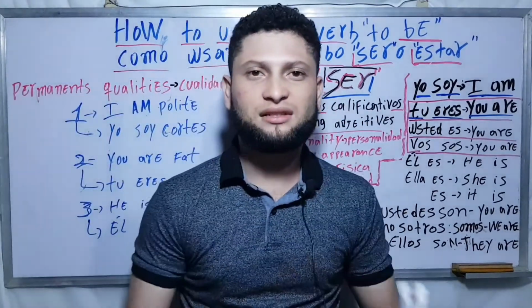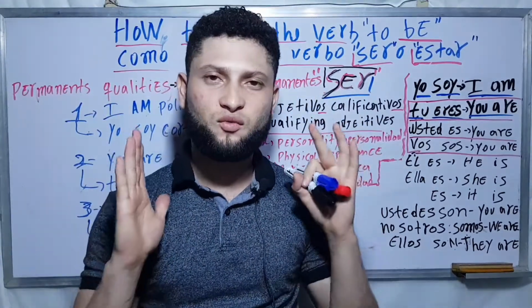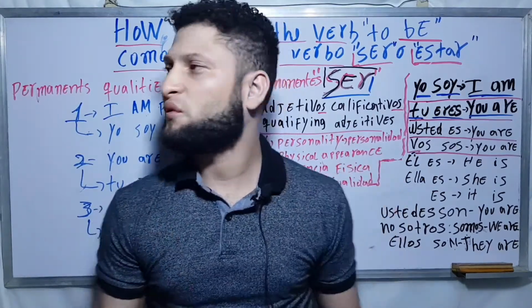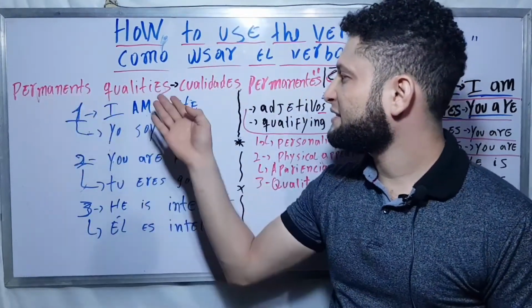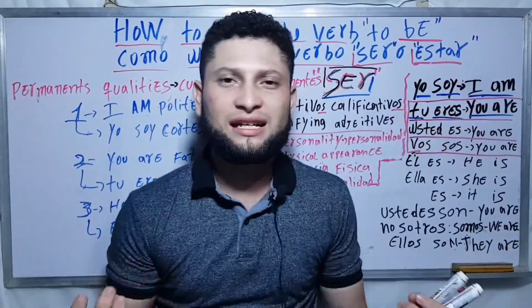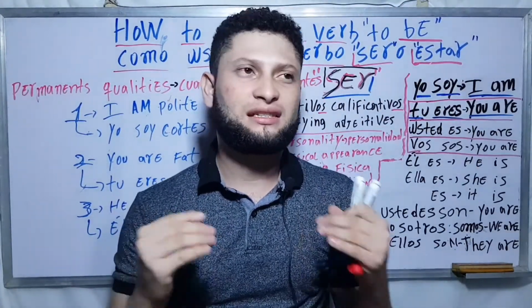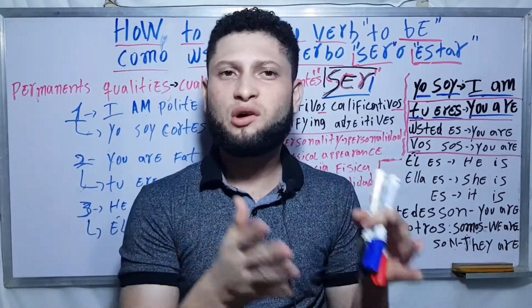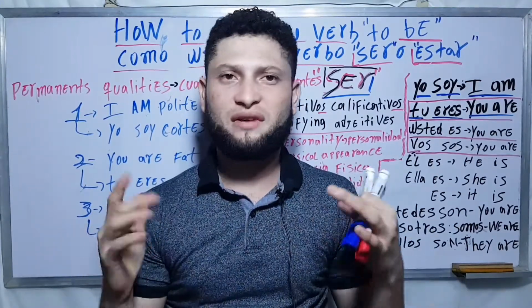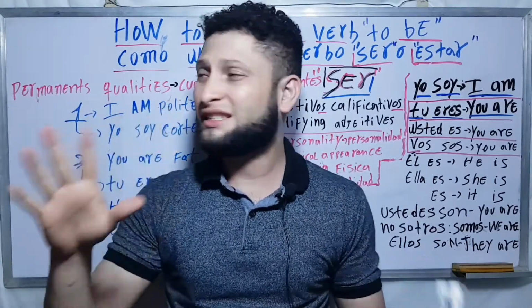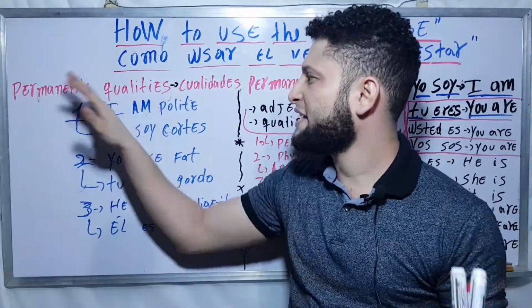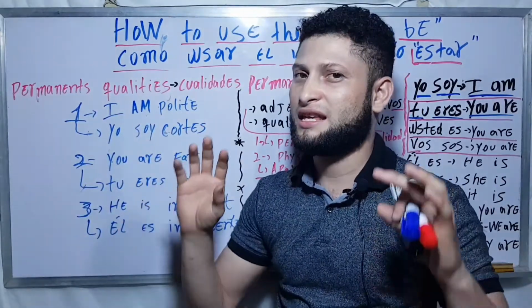The first thing that you need to know is that we use the verb ser in Spanish for permanent qualities, something that is durable, something that doesn't change quickly from one moment to another. This is our main idea, our main concern in order to understand that.